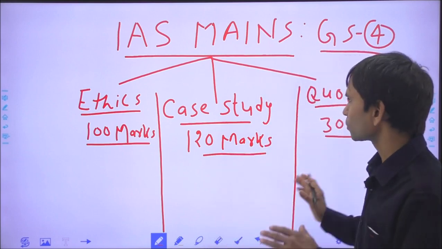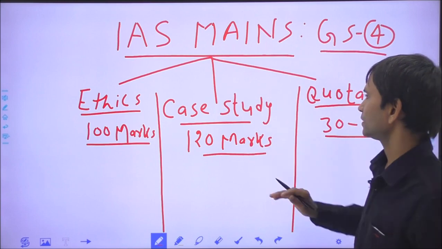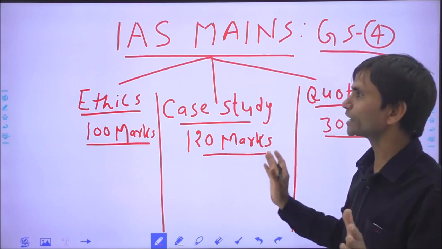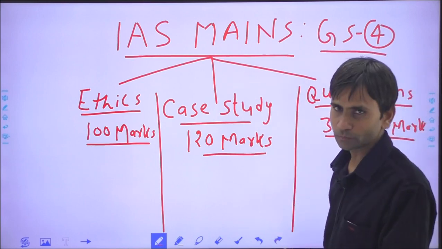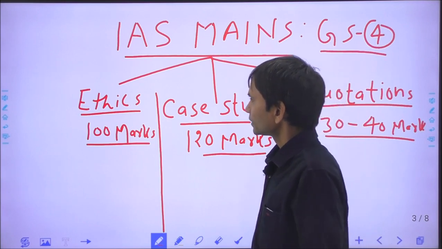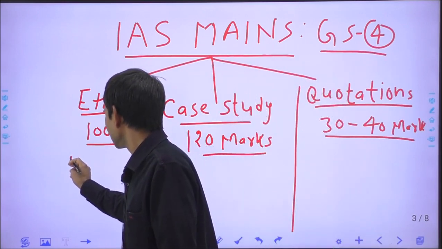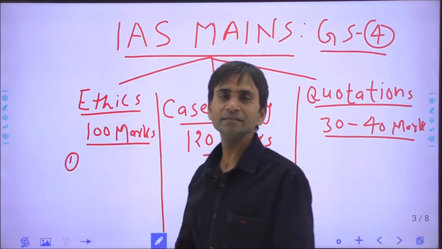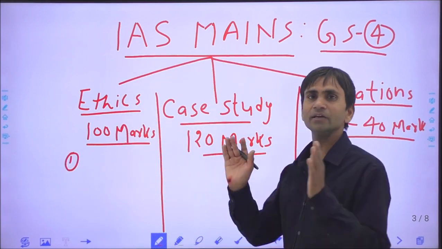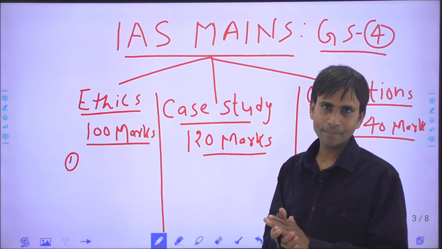First we must know the perception or scenario of GS paper 4. There are some topics. First topic is ethics and human interface.